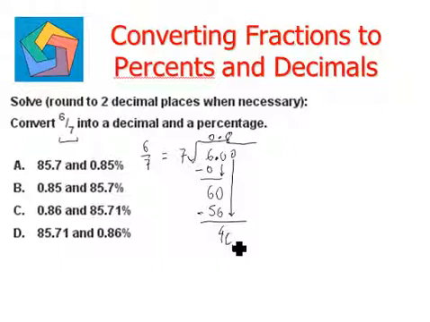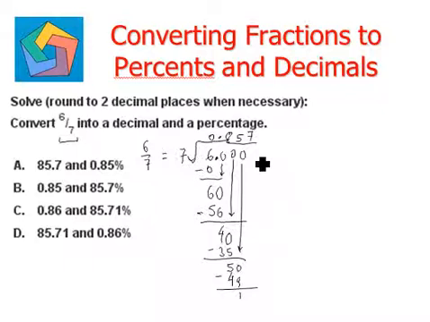This becomes 40. 7 times 5 is 35. 40 minus 35 is 5. Another 0 comes down. This becomes 50. 7 times 7 is 49. 50 minus 49 is 1. Another 0 comes down.